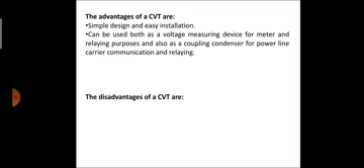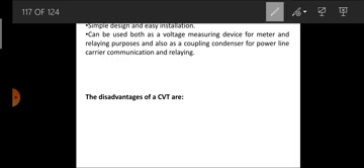Now we will see the advantages and disadvantages of this CVT. The first advantage is that it is simple in construction and design, and very easy to install. Second, it can be used both as a voltage measuring device for metering and relaying purposes, and also as a coupling condenser for power line carrier communication and relaying.